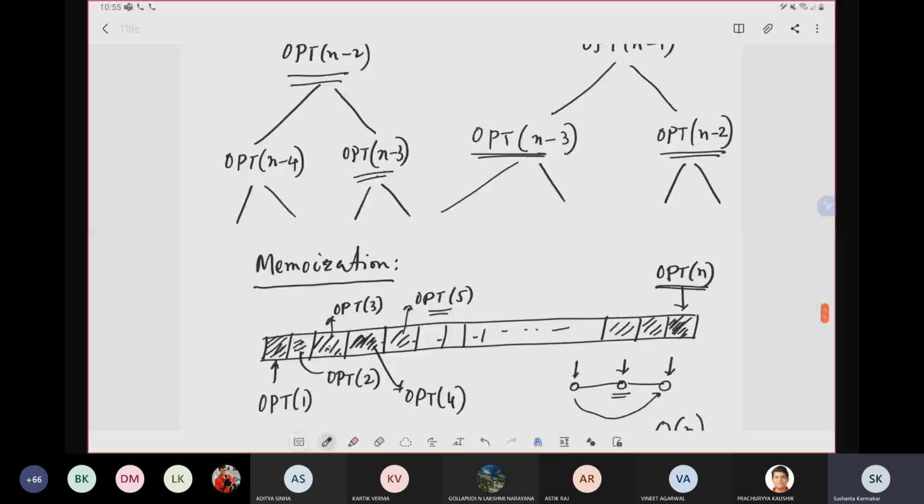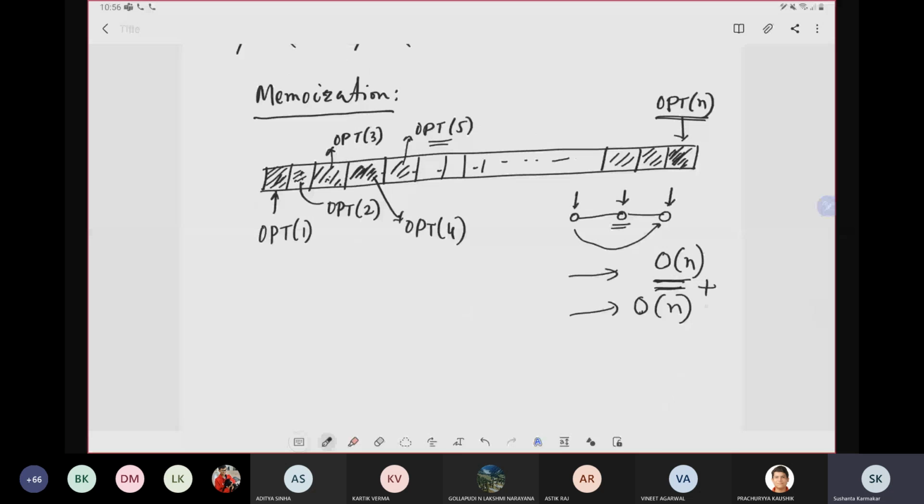Okay? So basically one part computes the maximum weight, and another part recomputes the set. Actually this can be done together.